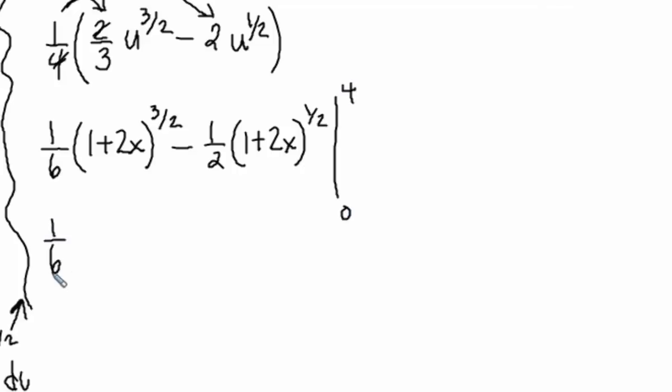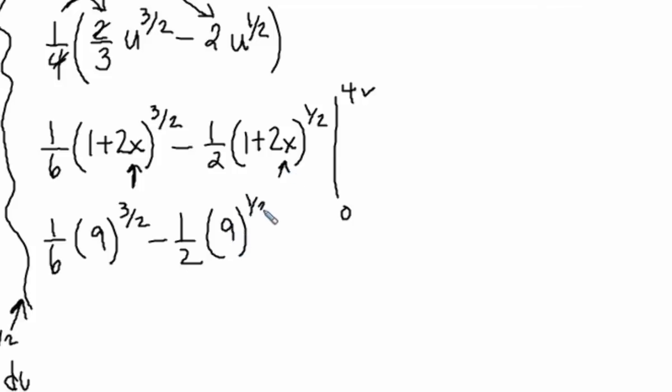So we would have 1/6. Now we're going to substitute in 4 for our x's. So for here, we'd have 8 plus 1 is 9 to the 3/2 minus 1/2. Now we're going to substitute in our 4 here. So we'd have, again, 9 to the 1/2.